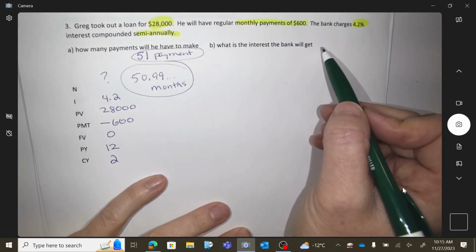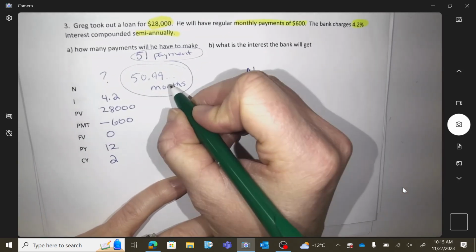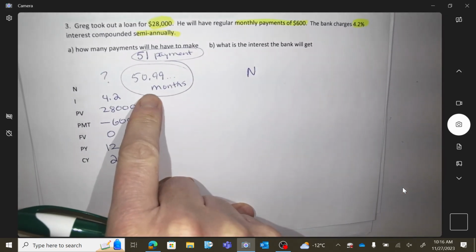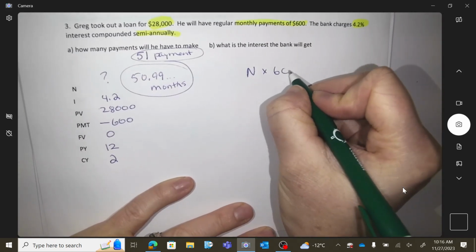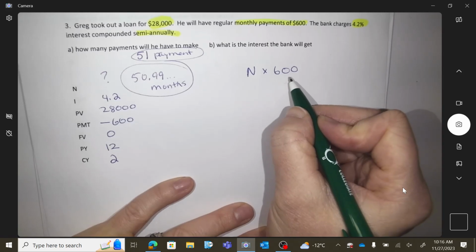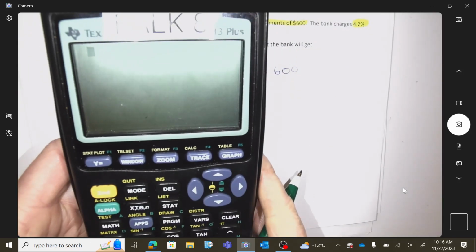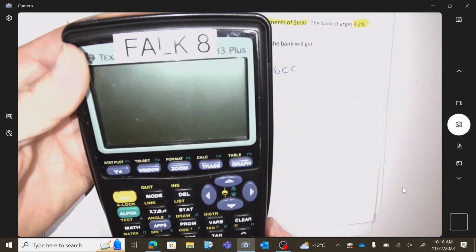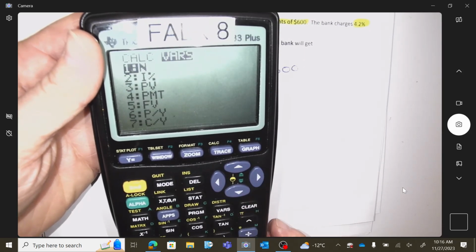What is the interest that the bank will get? So we have to do the N. We have to copy and paste it. Times 600. So we did $600 almost 51 times. Again, get to your blank screen, get to your apps, but then to the VARS side of it.